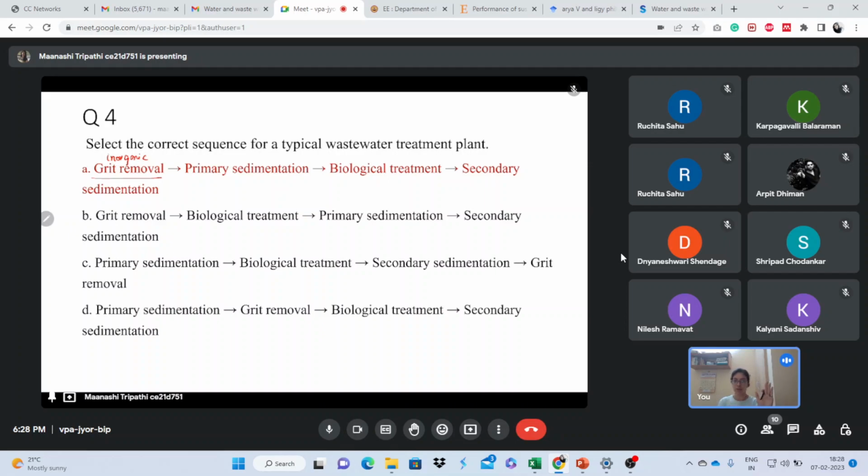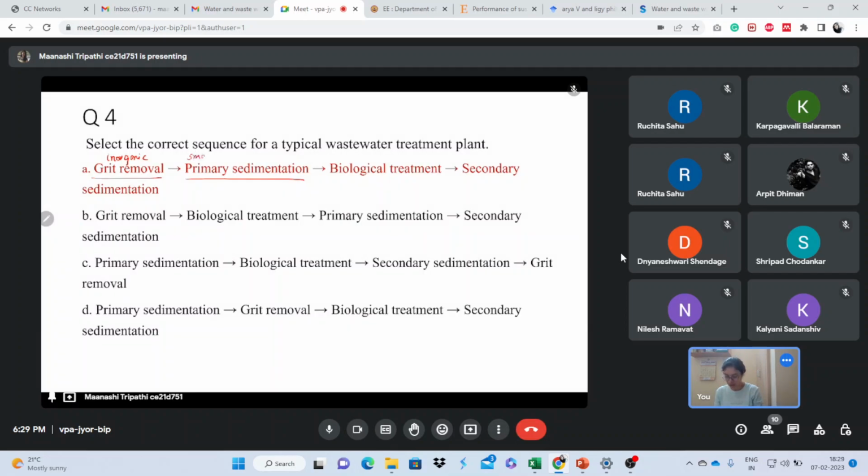Now sand is removed. The second thing we can remove is small or big organic particles and small inorganic particles. That can be done in the primary sedimentation tank.